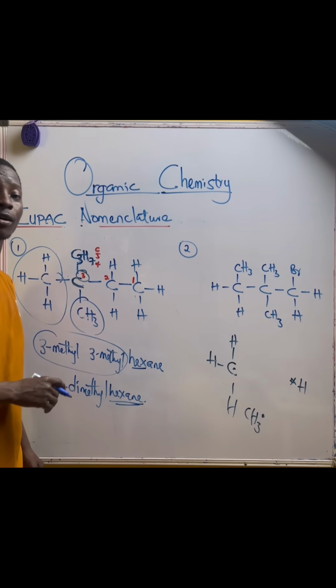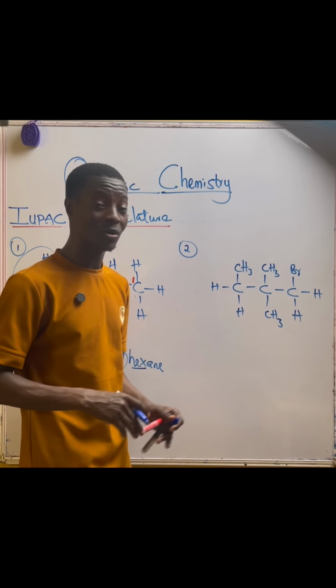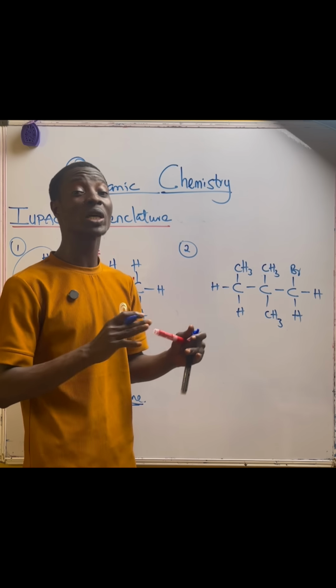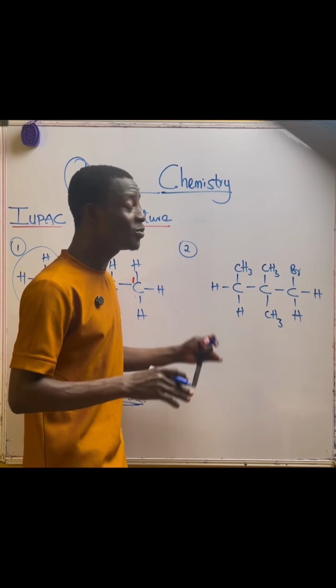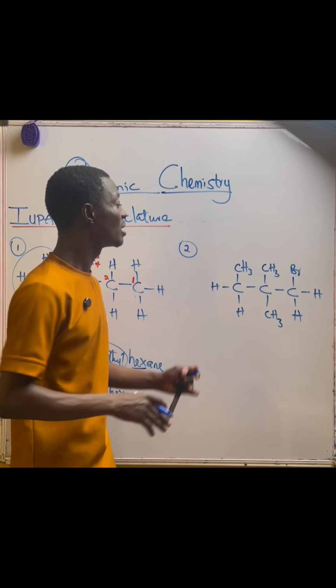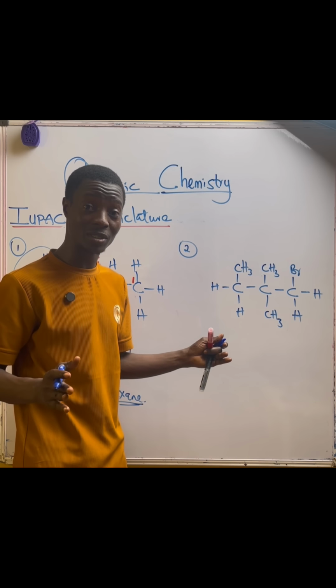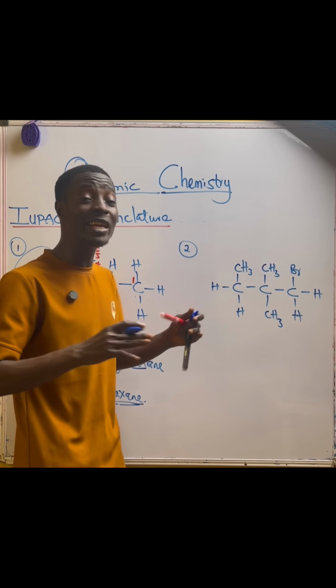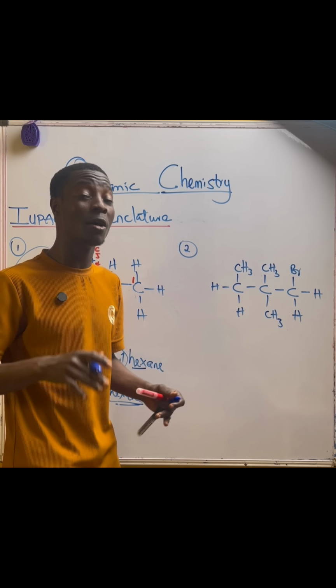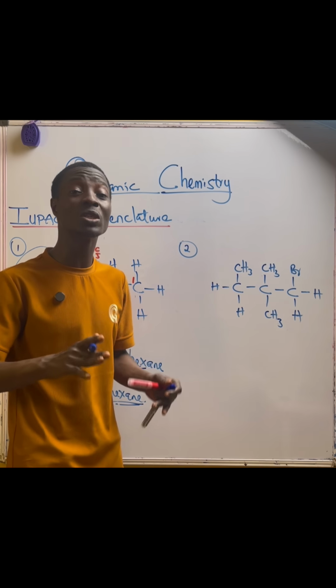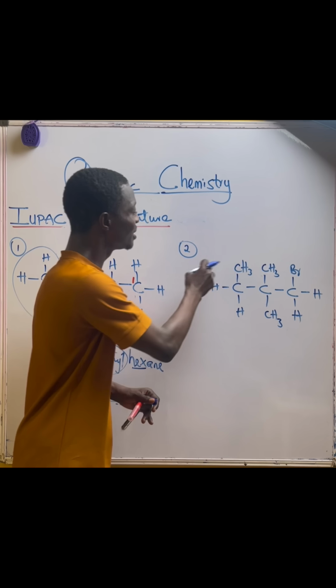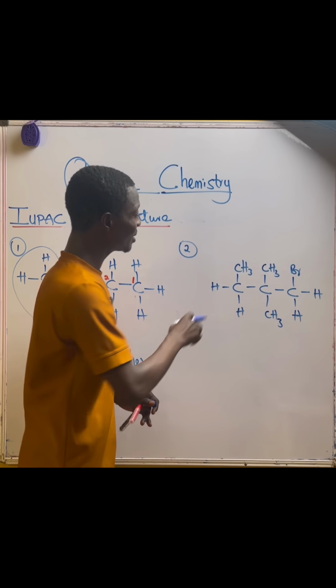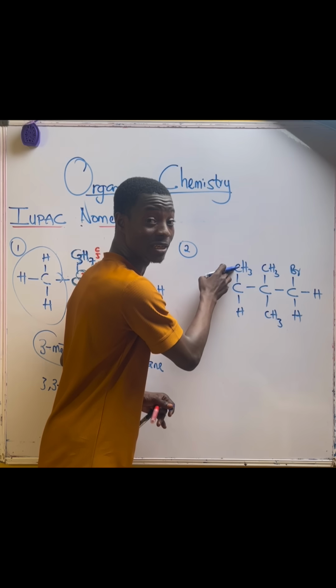Let's give it a try for this. So I have this compound. Now the first thing I'm going to do is to locate my longest carbon chain. How do I locate my longest carbon chain? I will have to count the carbons, okay? The one that is the longest. And don't forget, I told you that any carbon can be your starting point, provided that that carbon is the one starting a chain. Does that make sense? This carbon is telling us that we have 1 here, okay?